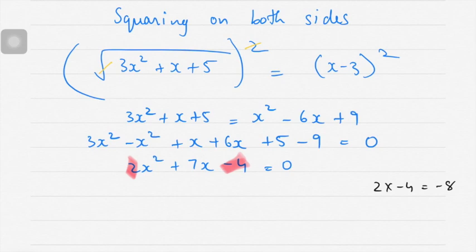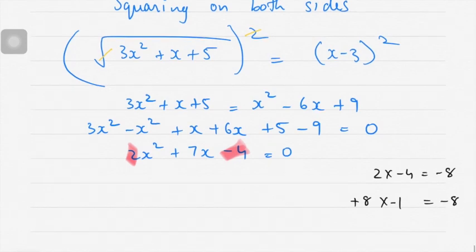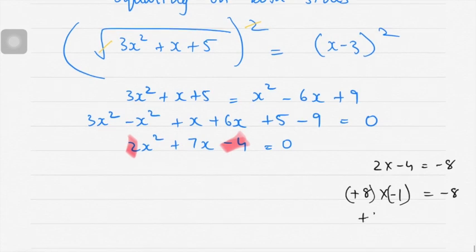Okay, now I want two numbers. When you multiply, it is minus 8, and when you add it, it is plus 7. So my two numbers would be minus 8 into 1. No, my two numbers would be plus 8 into minus 1. Okay, because plus 8 into minus 1 is minus 8, and plus 8 minus 1 is equal to plus 7.